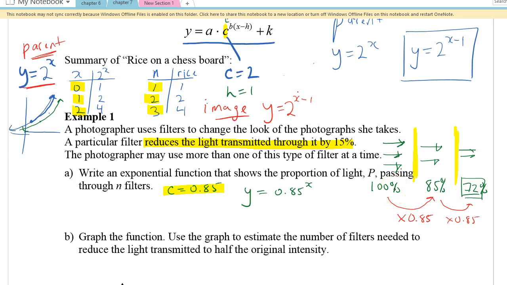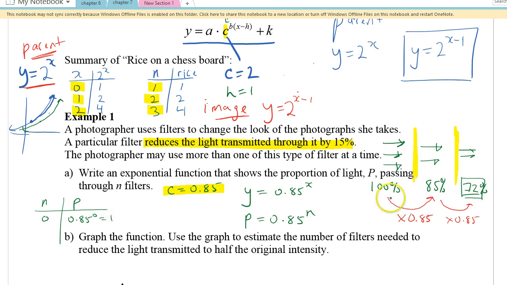Let's say n is the number of filters and p is the proportion of light. So p is equal to 0.85 to the power of n. If I put in a 0 for n, 0.85 to the power of 0 is equal to 1.